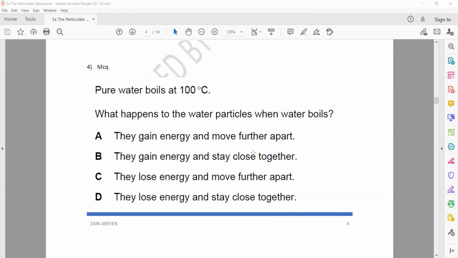Question 4. The question is, pure water boils at 100. What happens to the water particles when water boils?